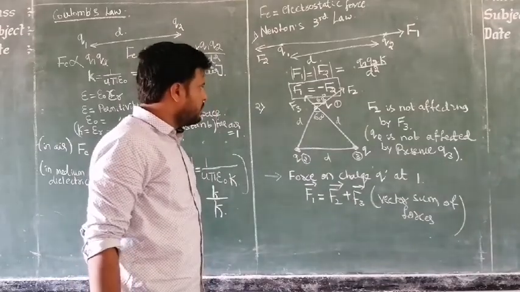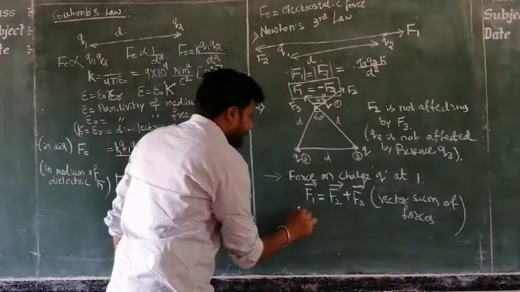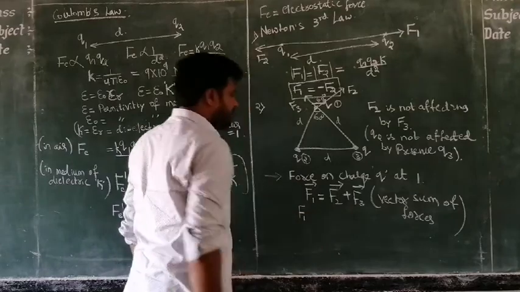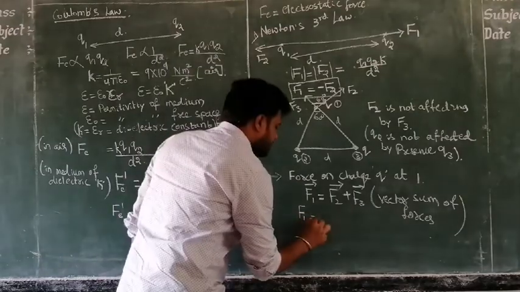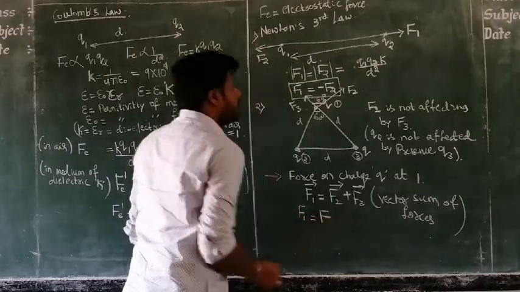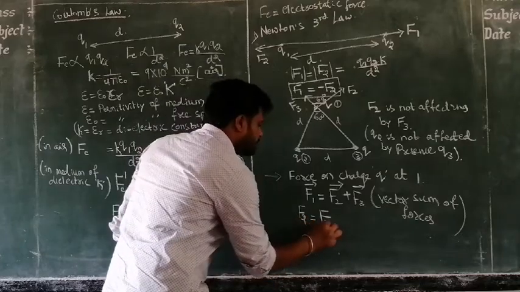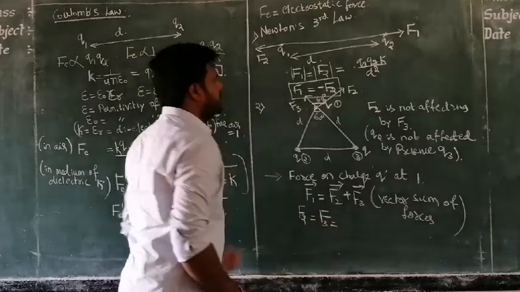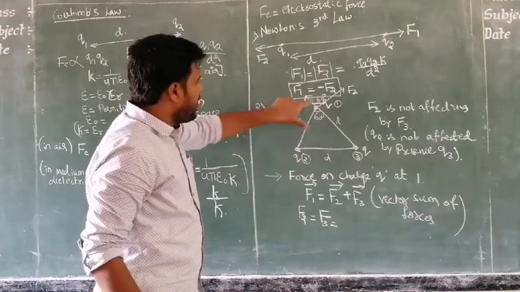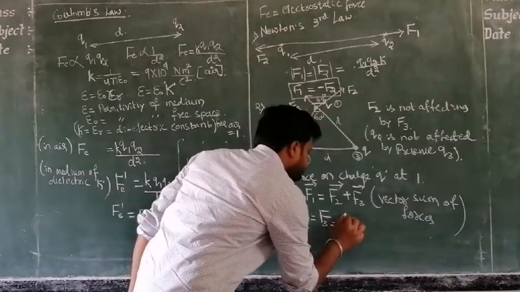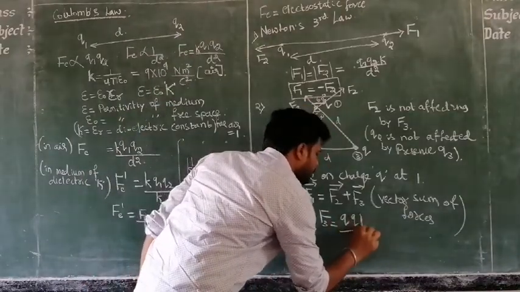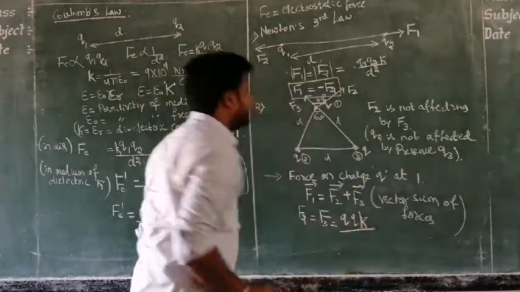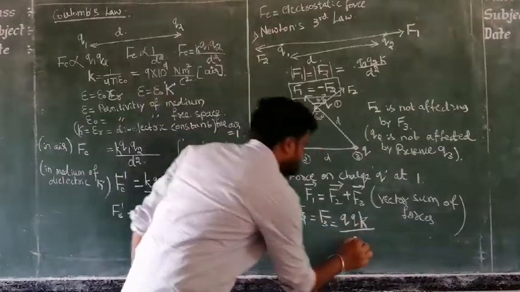So then here I can write F2 equals F3. The charges have the same magnitude, Q into Q, small k, divided by the distance between them, d square.